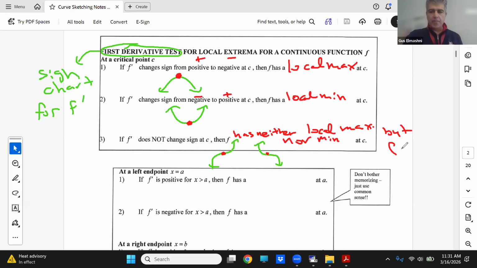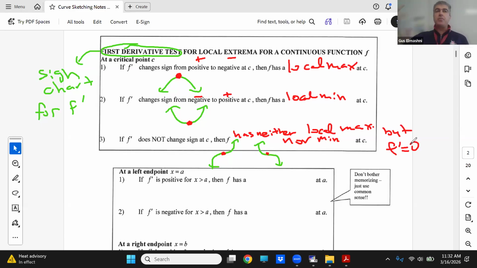But F prime equals 0, just so you know. Does that make sense? Questions about this one?